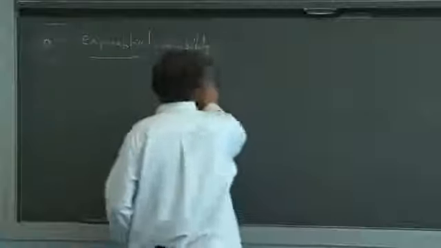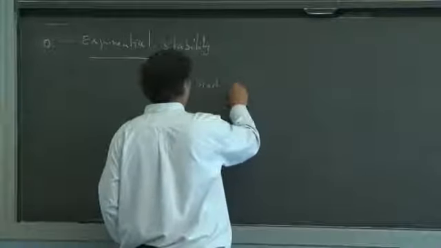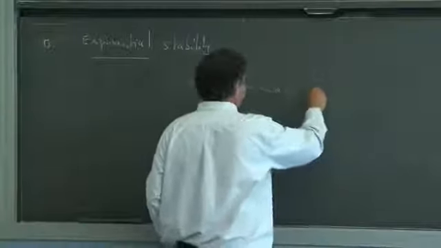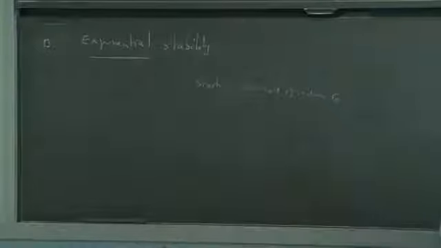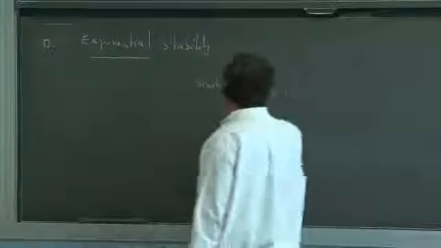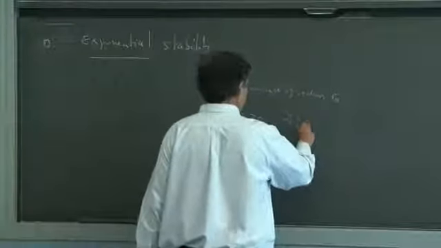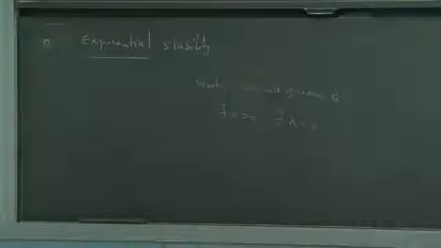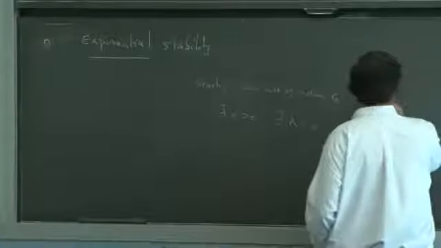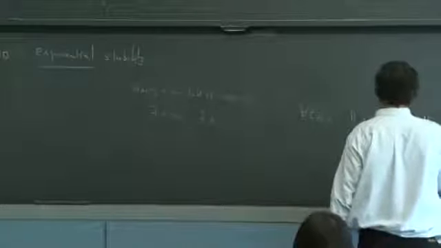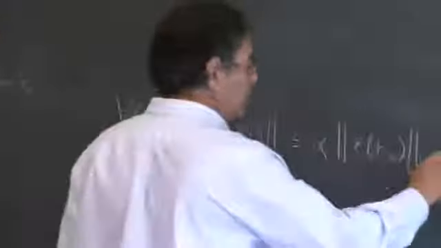It says that, starting in some ball of radius r0, there exist two positive numbers, alpha and lambda, such that x of t for all future times remains less than whatever it was at t equals 0 times perhaps some scaling factor alpha times e to the minus lambda t.